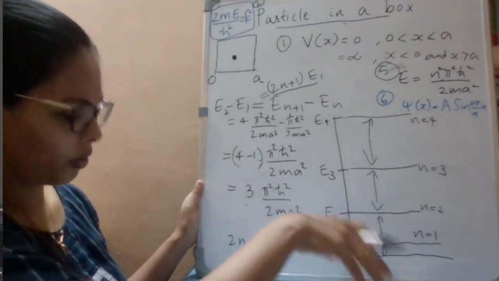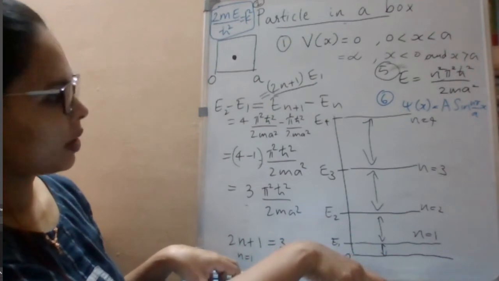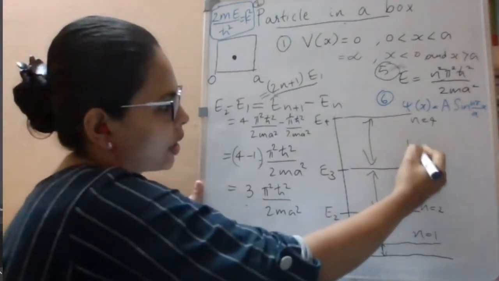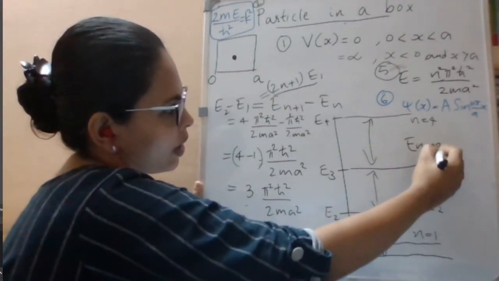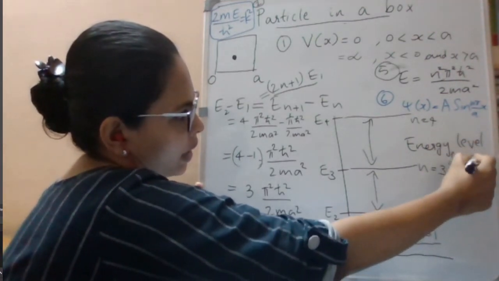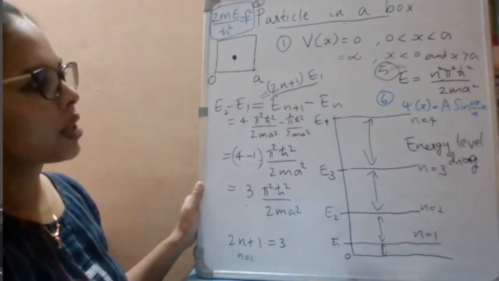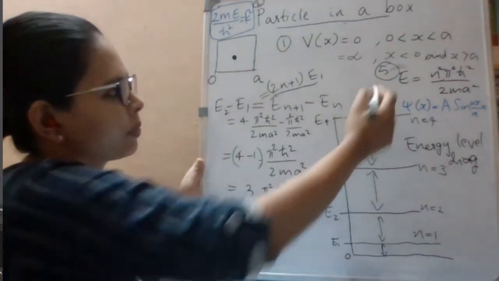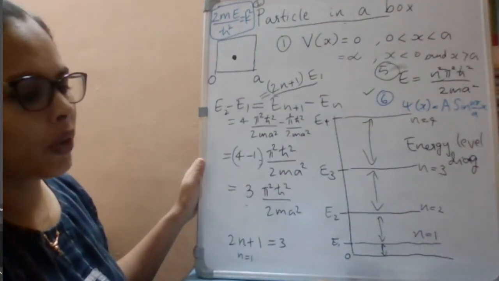Now this is the energy level diagram. Now let us go for the sixth one, that is our wave function.